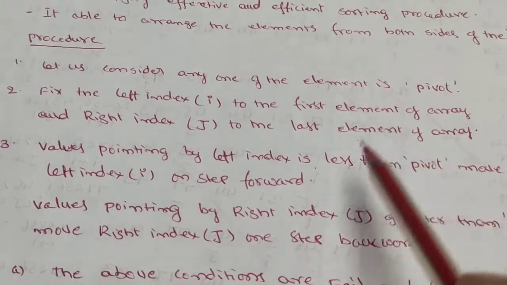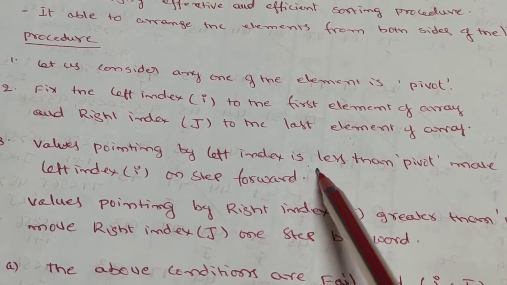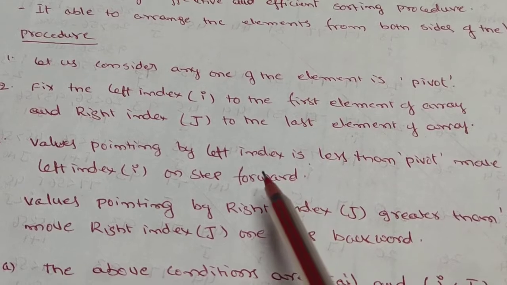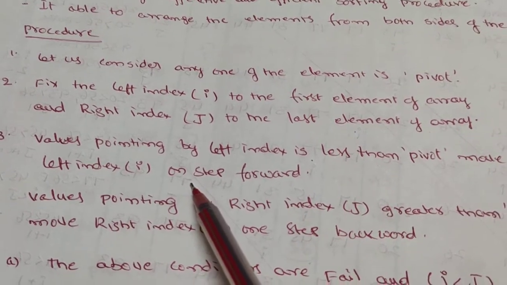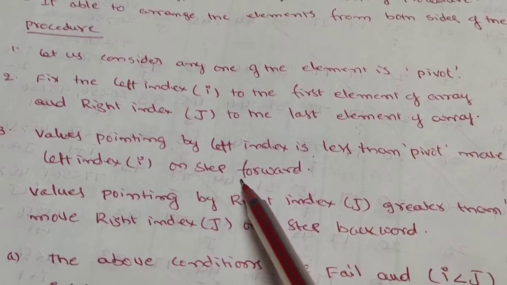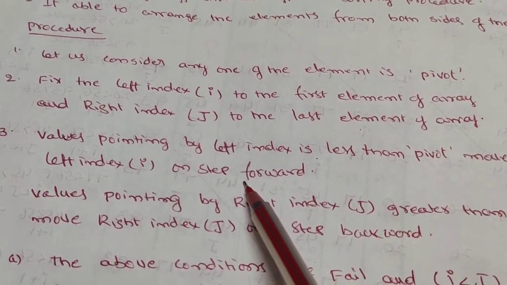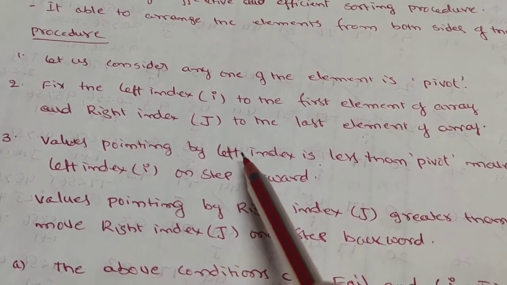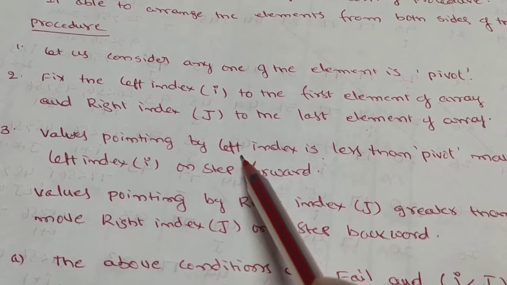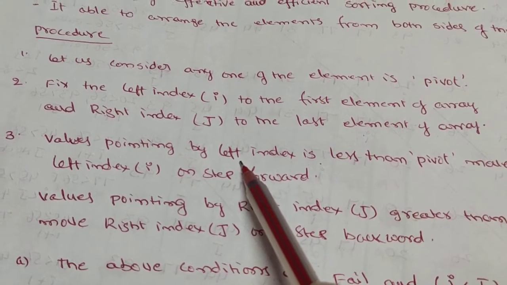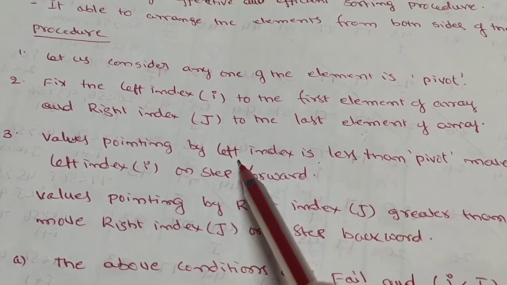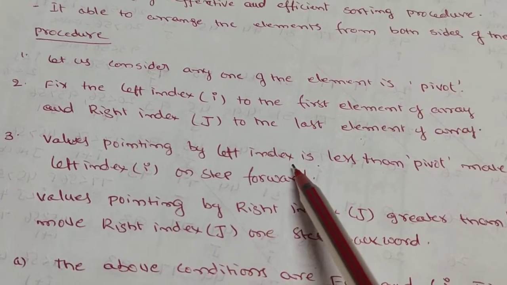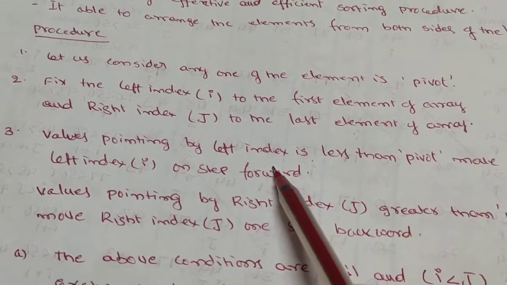Now, if the value pointed to by the left index is less than the pivot value, then we increase the left index, that is, the left index moves one step forward within the array. Once again I repeat this: if the value at index position i is less than the pivot element value, then we move the left index one position right, or increase the left index by 1.